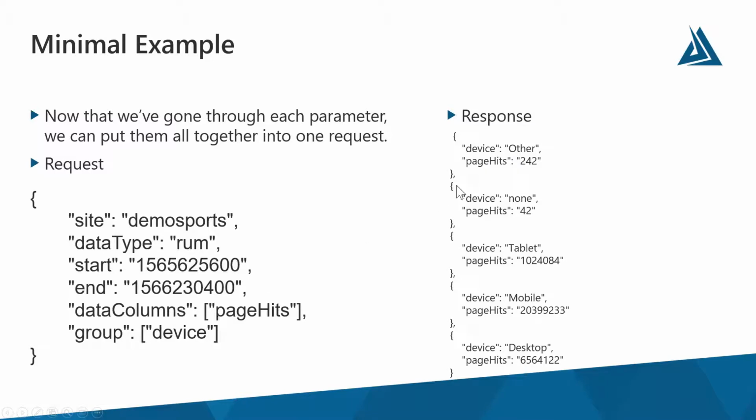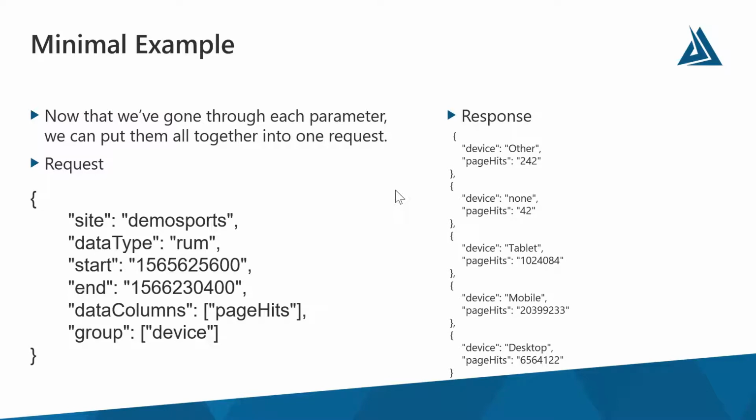This is a valid request, and to the right we can see the actual response. What we're doing is getting the page hits as the data column, and we're grouping that by the device, and we're looking at RUM data over that start and end epoch time period.